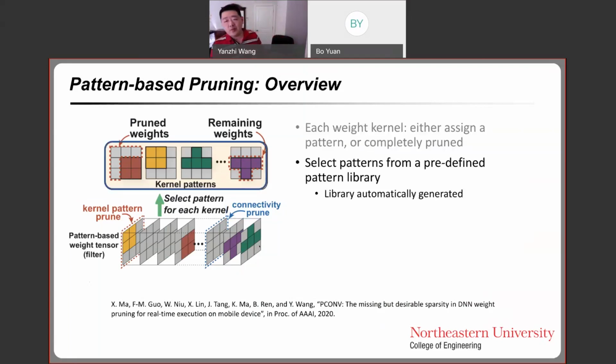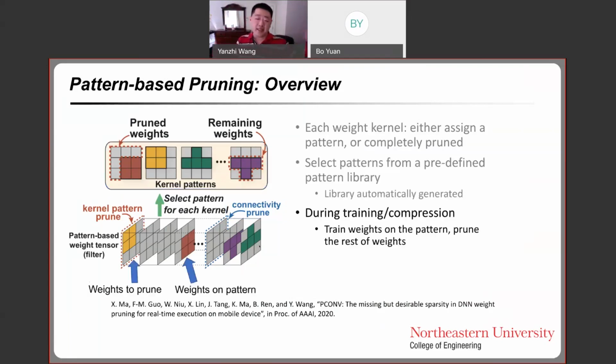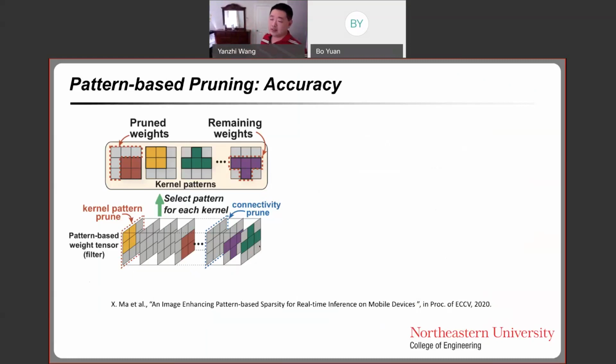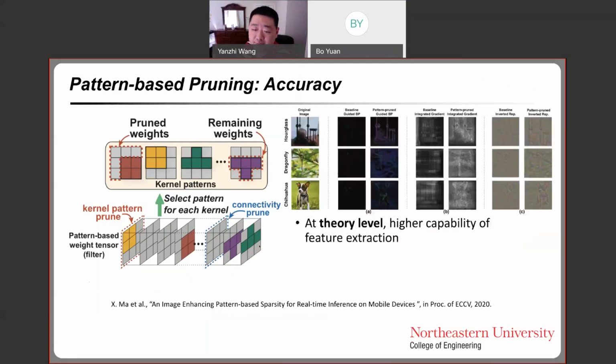This comes from a predefined pattern library, which should be automatically generated. Then during training and compression, we train the weights on the pattern and prune the rest of the weights. We have developed the ADMM-based pruning algorithm, together with effective pattern library generation. Then we discuss why pattern-based pruning is accurate and also has high hardware performance.